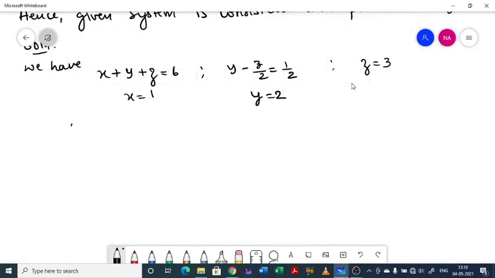The required solution is 1 comma 2 comma 3. See, now you can check this 3-tuple. n equal to 3 means there are 3 entries in it. So this 3-tuple satisfies all those 3 equations given in the statement. If you have any doubt, if you need any verification, then substitute these values in the given equations.